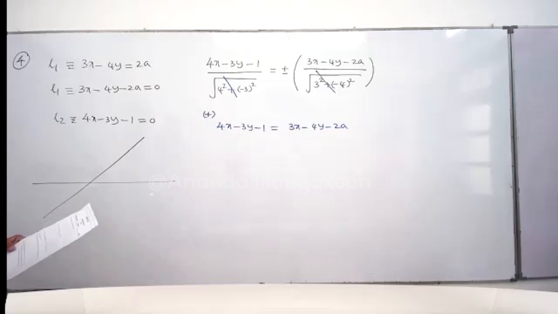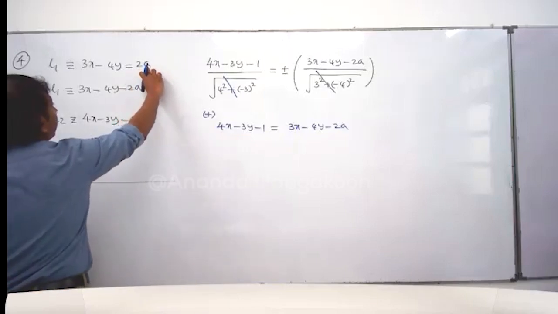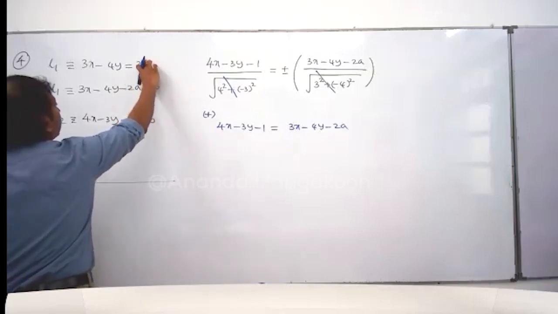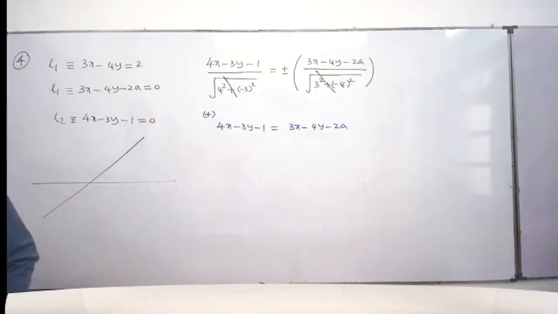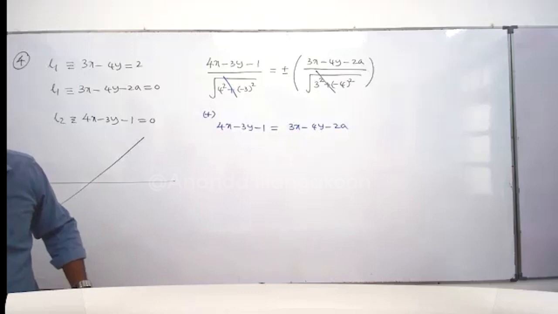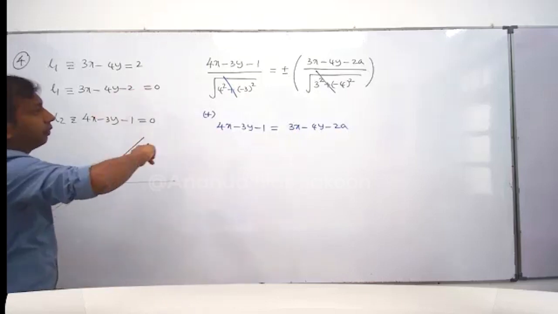In the question, the first line we are given as 2a. There should not be a. Only 2 is there, right? That's a huge mistake in the paper, no? Right. There is only 2. And here we don't have a, right? Here also we don't have it.